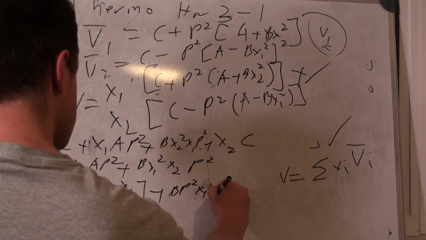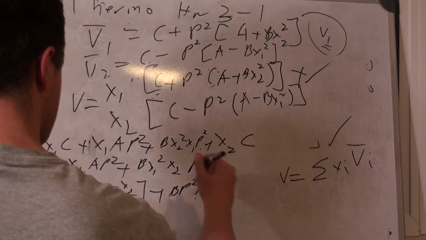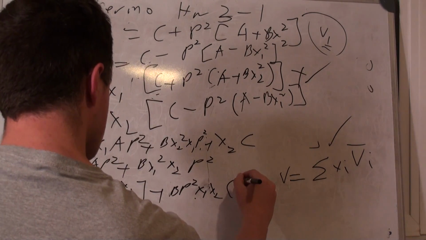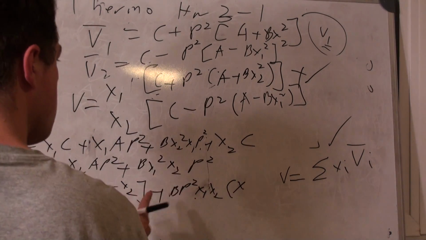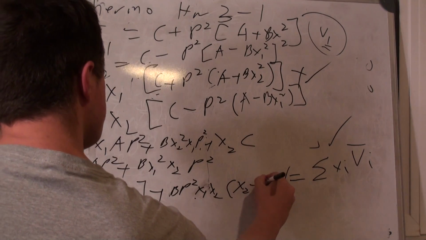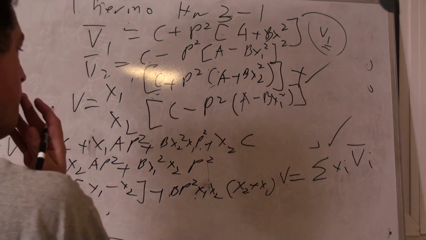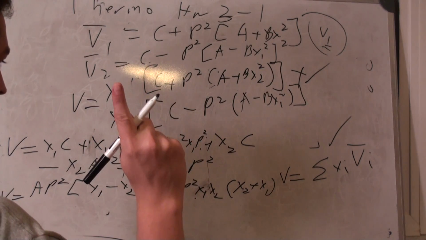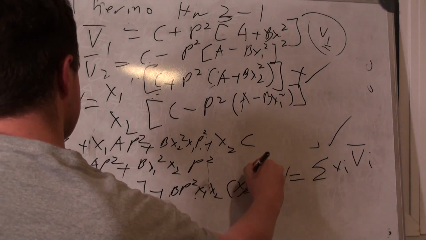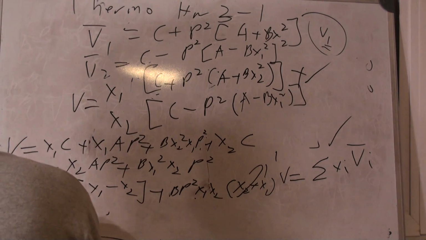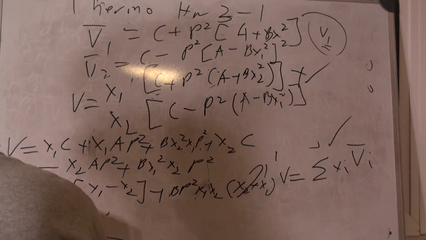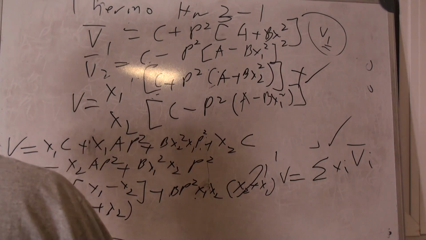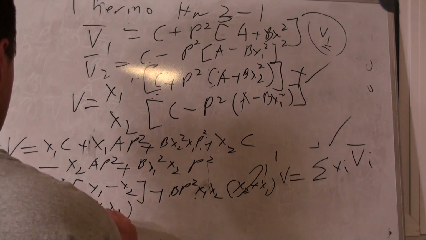So x1 x2, and then I have x2, because I have an x2 squared there, and I have an x1 there. So x2 plus x1. What is x2 plus x1 for a binary system? Yeah, that's 1. Okay. And then plus C times x1 plus x2. Well, we just established that x1 plus x2 is 1, so 1.